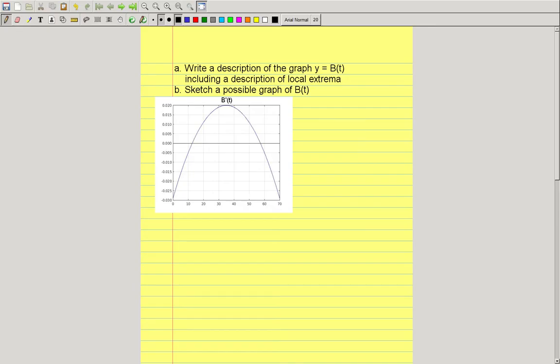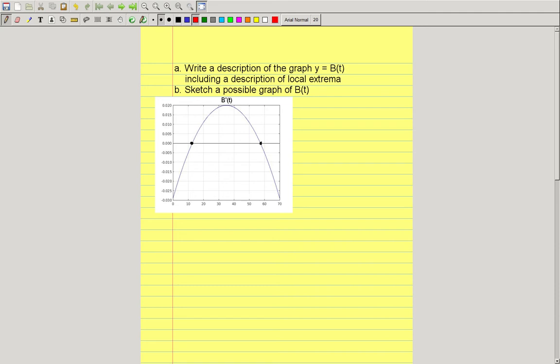Here we have the same graph, b prime of t, and we would like to put it in a context where it's a little bit easier to work with. So we can draw it. Okay, part A asks us to look at the possible local extrema of a graph y equals b of t. Now, the local extrema are going to occur where the derivative of a function is equal to 0, potentially.